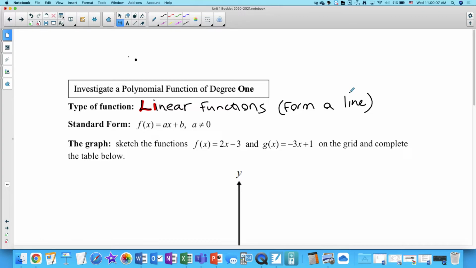The reason why I'm going to use the letter a instead is because what we're going to try and do in this outcome is make some generalizations about polynomial functions as a whole, depending on the leading coefficient. And so I'm going to just use the letter a for every polynomial function that we look at.